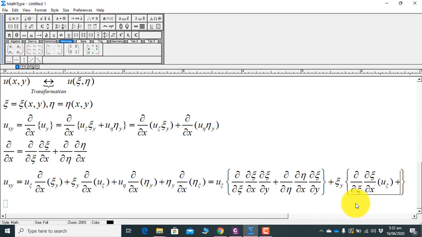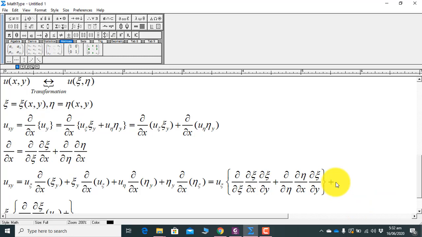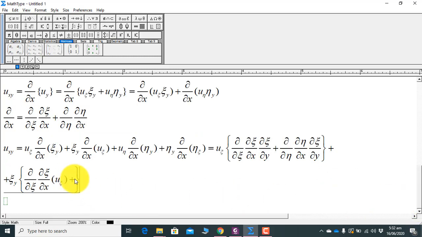Okay, let's put here the quantity. Now here will be the second term but with respect to eta, and the function was initially u xi. So there should be u xi.